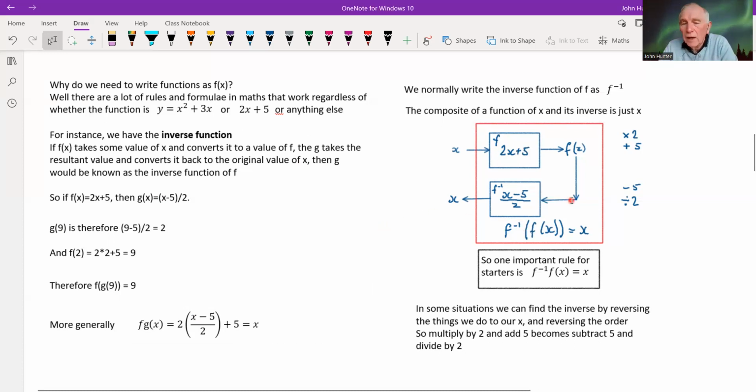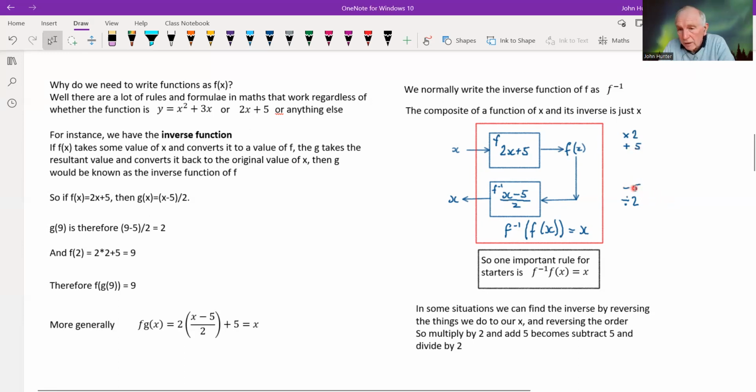And how do we find the inverse? Well, one way of doing that, if we have a simple enough function, is to look at what we've done to x in the first function. In this case, we've multiplied it by 2 and added 5. What we do is we do the opposite things in the reverse order.